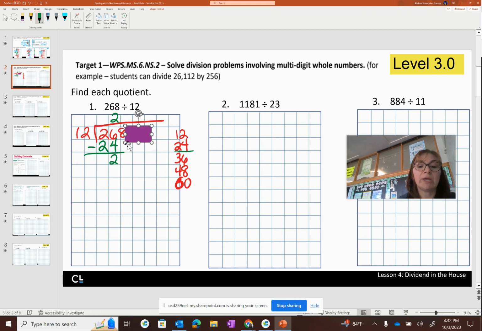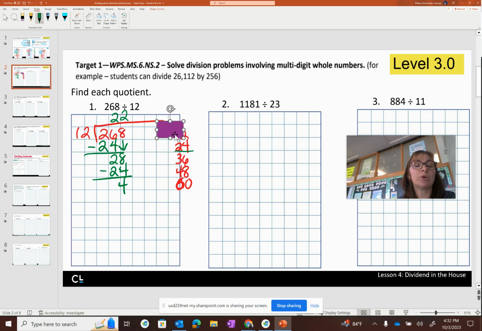Bring down the 8. Okay. Still got to go with 2 because 3 would be 36. That's too many. Okay, let's see what other, I don't have any more numbers.